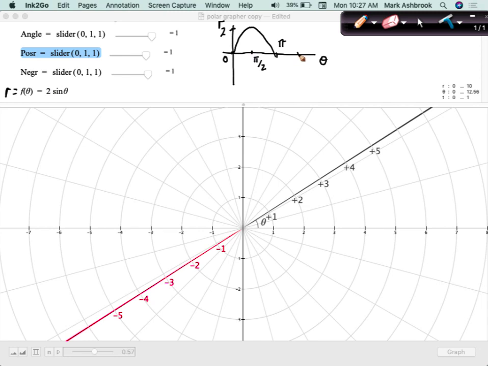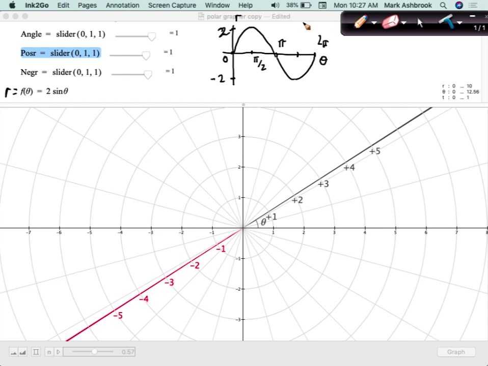At 3 pi over 2, it's at -2. And then back at 2 pi, we're back at 0. We're going to use this graph of 2 sine theta to graph the polar graph.